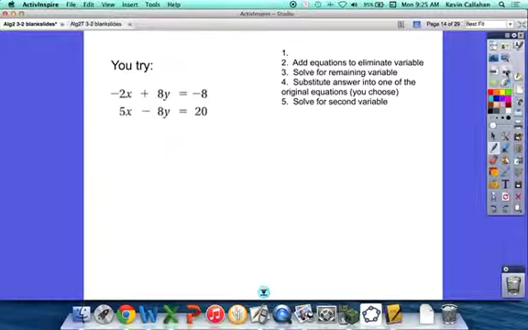Deshaun, what did you say? Y equals 0 and x equals 4. How many got that? 4, 0.